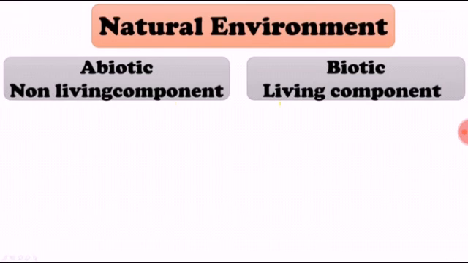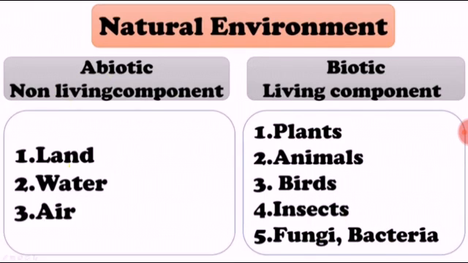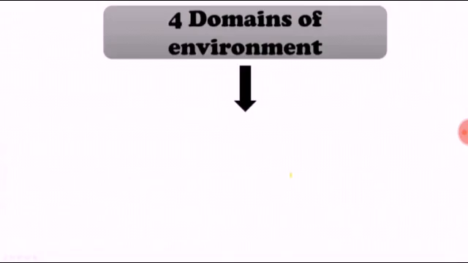What is biotic? Biotic are plants, animals, birds, insects, fungi, bacteria, etc. All are living components. They are present in nature. And abiotic, land, water, air. It means in nature, living as well as non-living things are present.